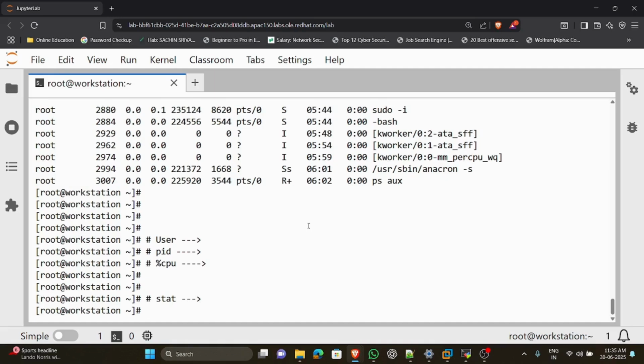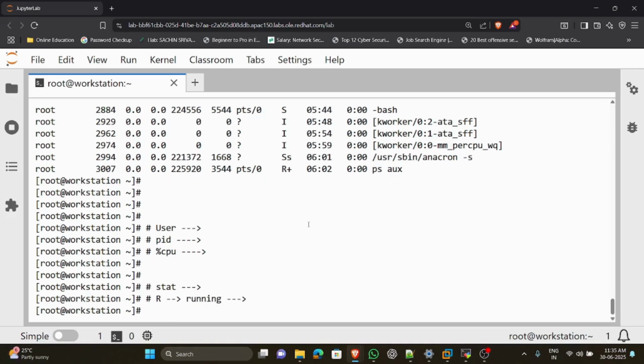Multiple, just like you have capital R, R for running. Then next, S can be possible. S means sleeping, means they are waiting for an event or resource.